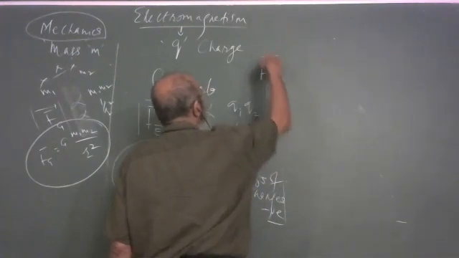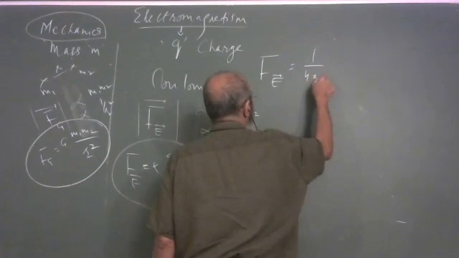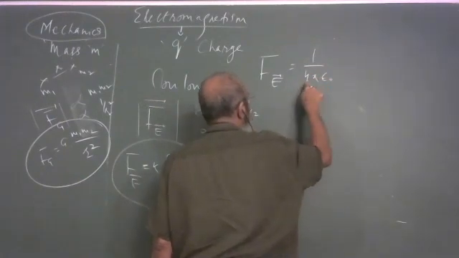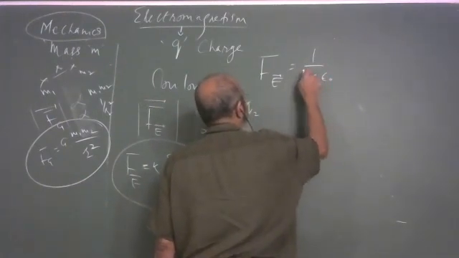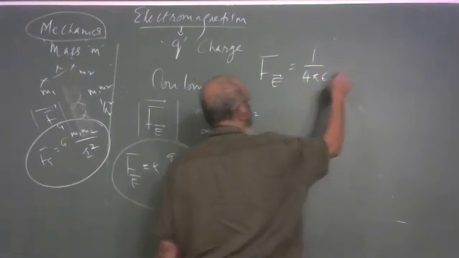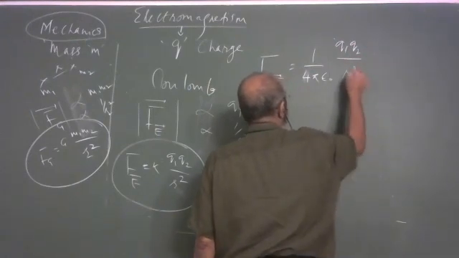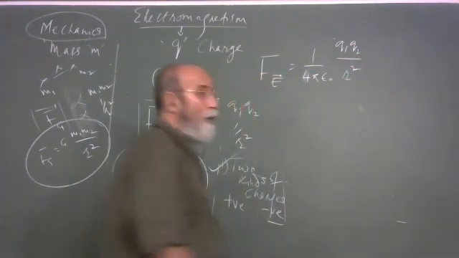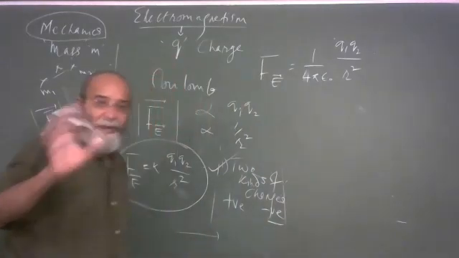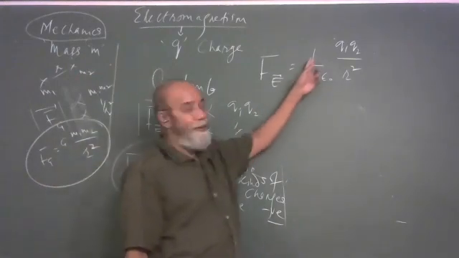We accept. And we say that when we write Coulomb's law, in magnitude, it is equal to 1 upon 4 pi epsilon naught, the 4 pi of geometry, 4 pi epsilon naught, Q1 Q2 upon r square. Coulomb would never ever have been able to think of K being something like this.